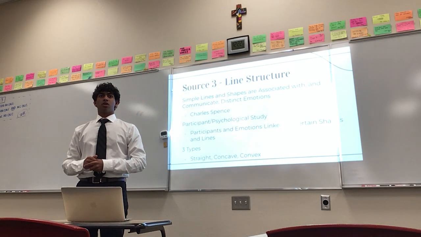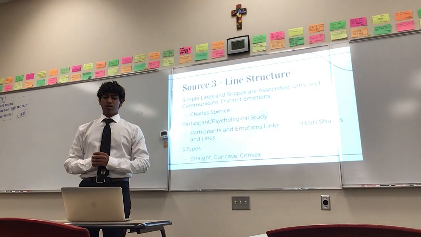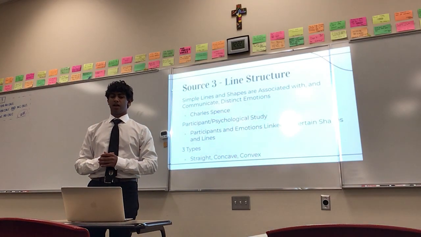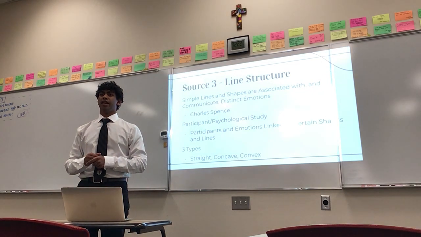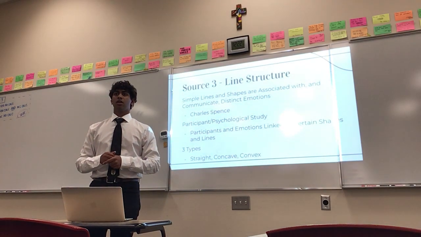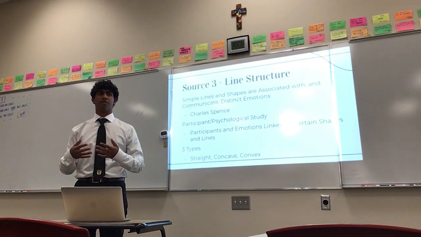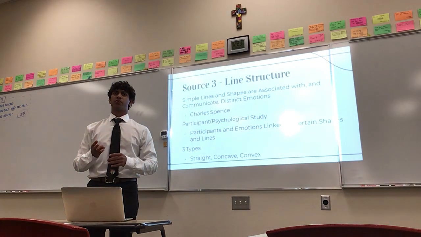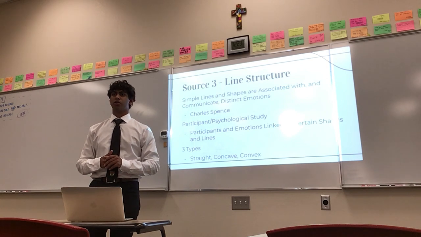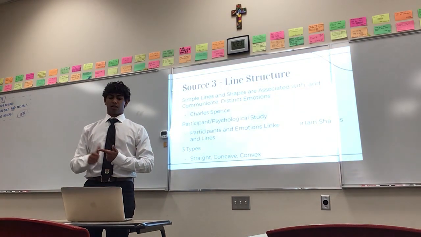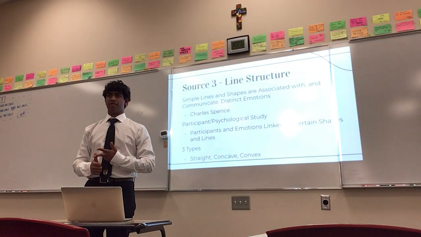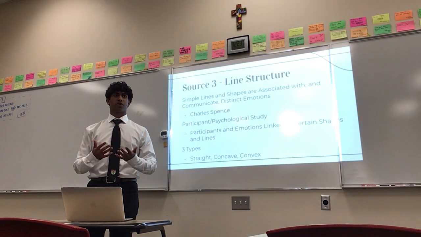For my third source, I was examining line structure, in which Charles Spence utilized line structure in specific faces to determine whether or not different lines conveyed a different emotion. He utilized 3 primary line sources, which were straight, convex, and concave, each of which portrayed a different meaning.